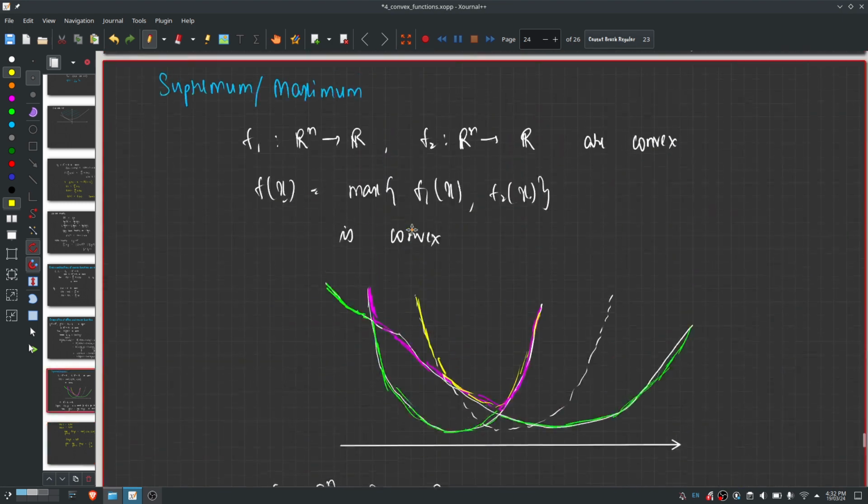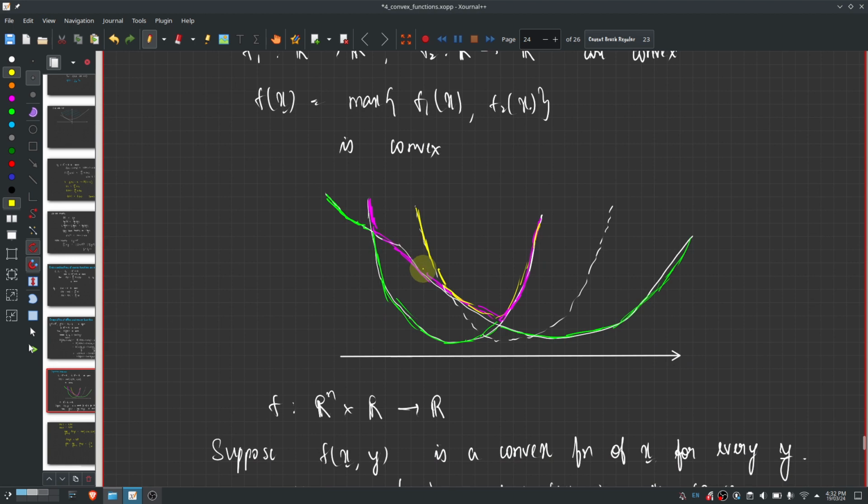But if you compare that with, let's say, one of these examples, the supremum is always achieved. Right?